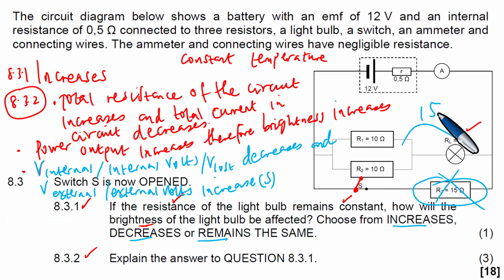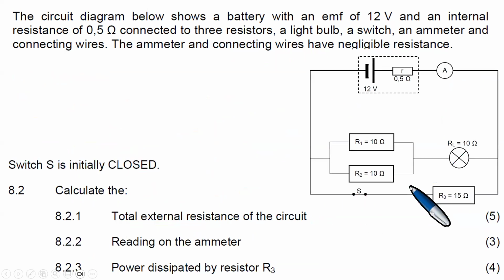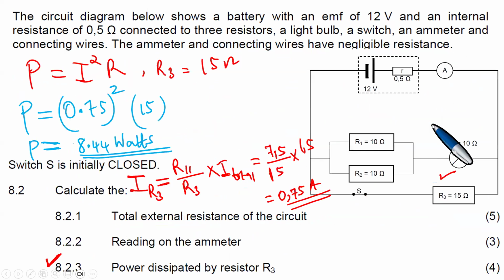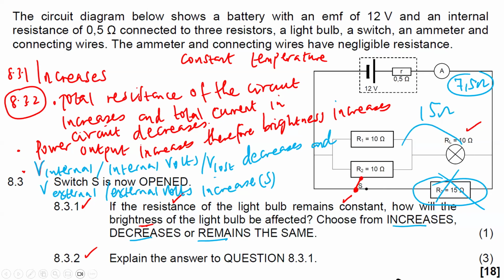With the 15 ohms, it means the total used to be 7.5 ohms, but now it's going to be 15. The 7.5 is when we combine these things. We did it before. But now here, it's 15. 10 plus 5, 15. So the total resistance of the circuit increases, and the total current in the circuit decreases.